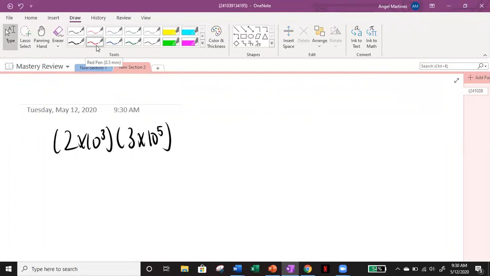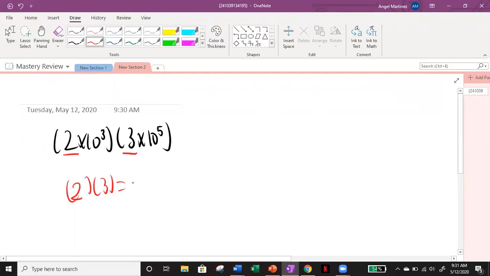We start with the whole numbers. The whole numbers are just 2 and 3, so we do 2 times 3, which gets us 6. Now let's do the exponents: 10 to the 3 times 10 to the 5.